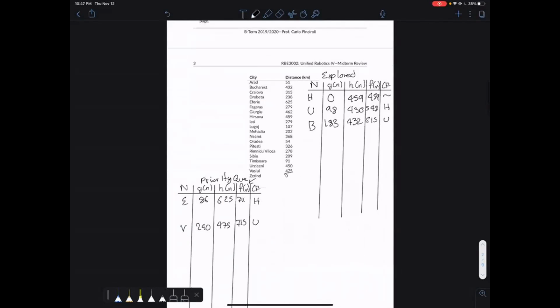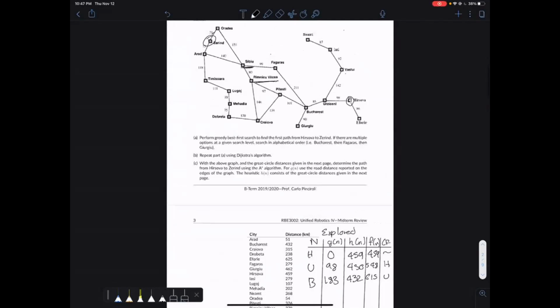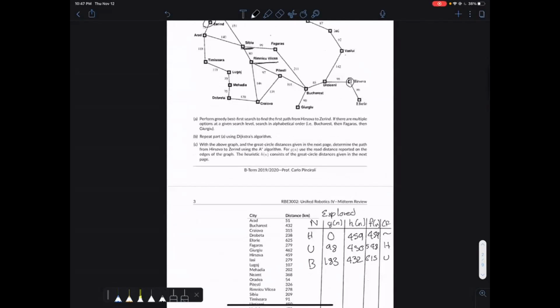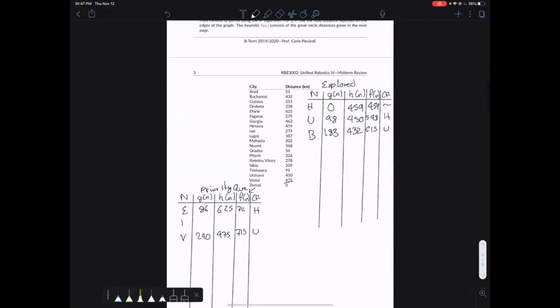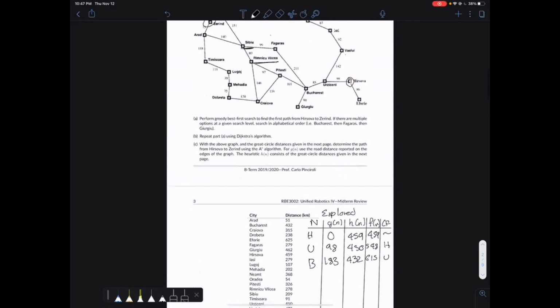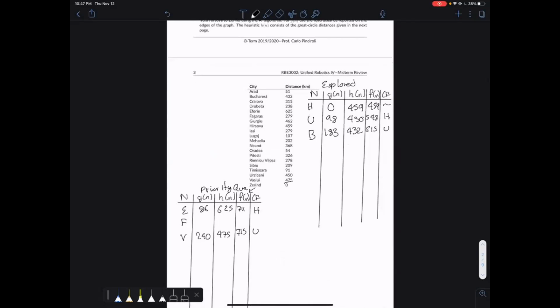Cool. We are now looking at node B. So node B has 1, 2, 3 neighbors that aren't explored. U is already explored, so we don't need to worry about him. Cool. So let's start off in alphabetical order. Node F. Our G of n of node F is the path cost, which is 211, plus our last G of n. So that's 211 plus 183.